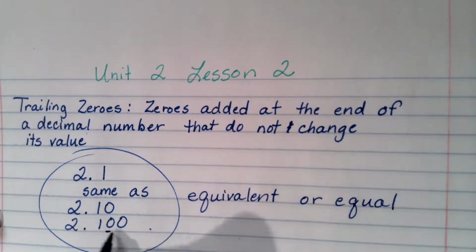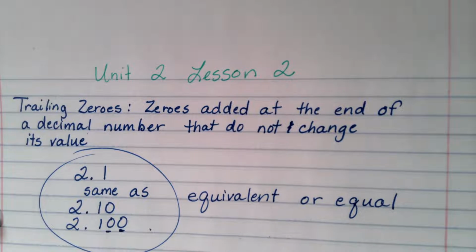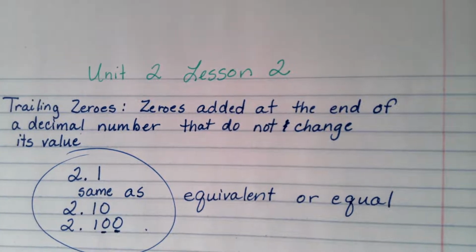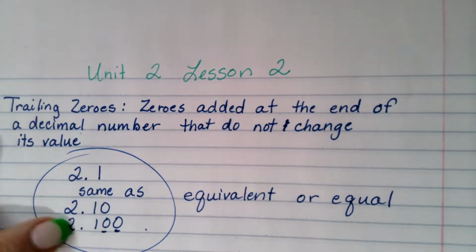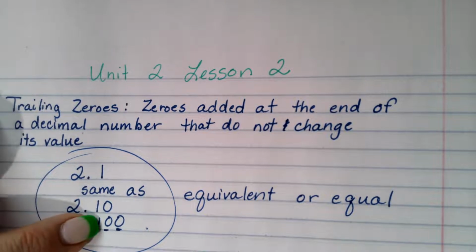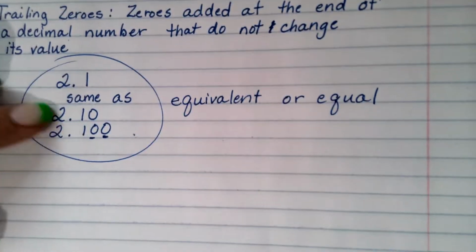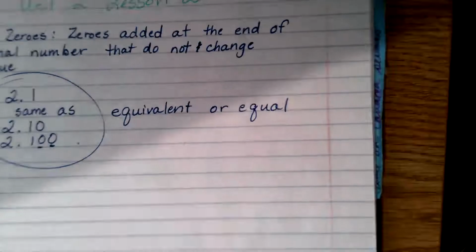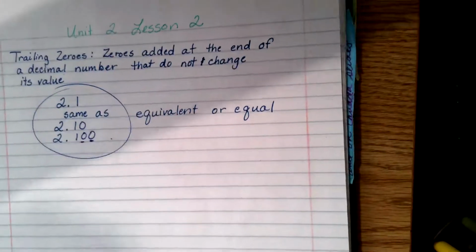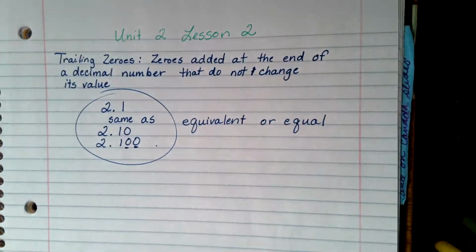Just because the zeros are there does not mean that it changes the value. All that does is hold the place in case we need to make sure that we line up our place values. So with that being said, let's look at what Lesson 2 holds for us.